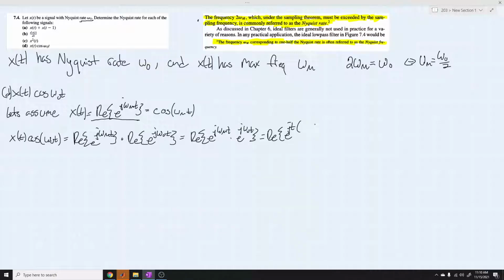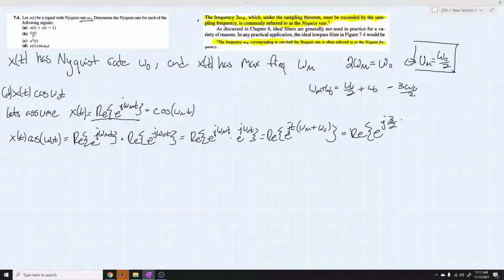We get j times t times omega sub m plus omega sub naught. Now, here's our relationship for omega sub m right here. So we get omega sub naught over 2 plus omega sub naught, and that's equal to 3 omega naught over 2. So this whole thing becomes e to the j 3 over 2 omega sub naught times t.